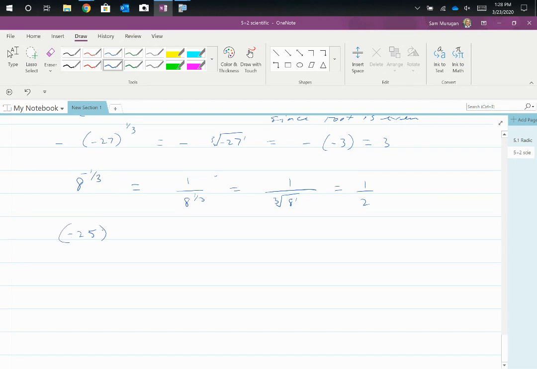-25 to the power -3 over 2. Again, we make it into a reciprocal, 1 over -25 to the power +3 over 2. So this is 1 over the square root of -25 to the power 3. But we cannot take the square root of a negative number. So this is not a real number.